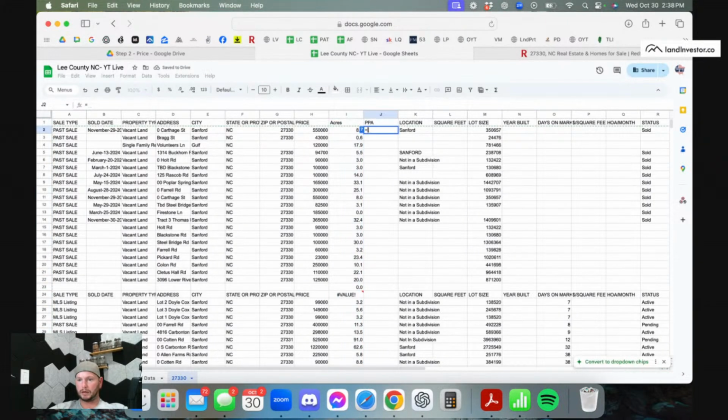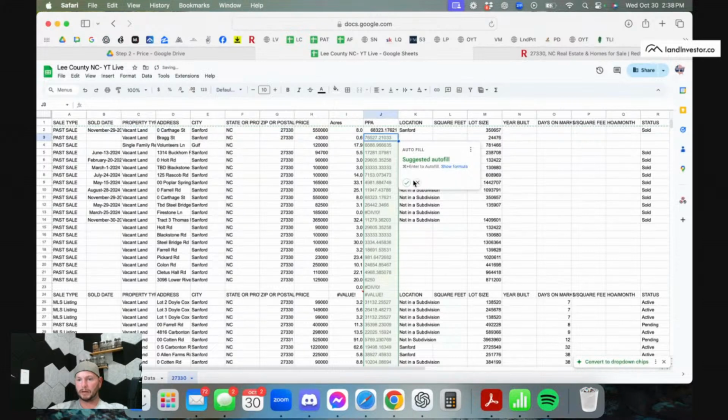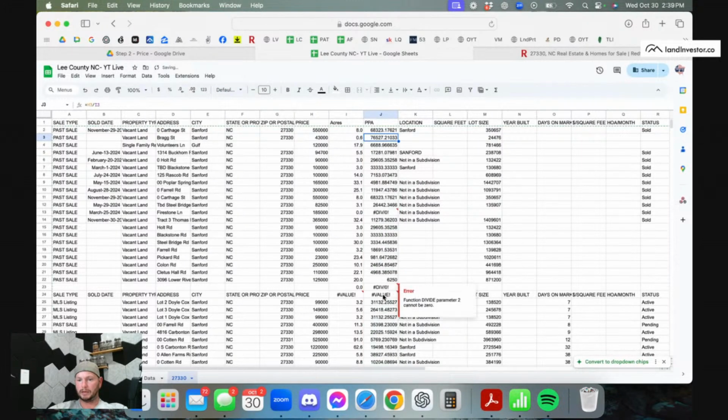Price per acre, I'm going to go equals this, price divided by acres is going to get me my PPA. Okay, so we're going to fill that. Wonderful, wunderbar.